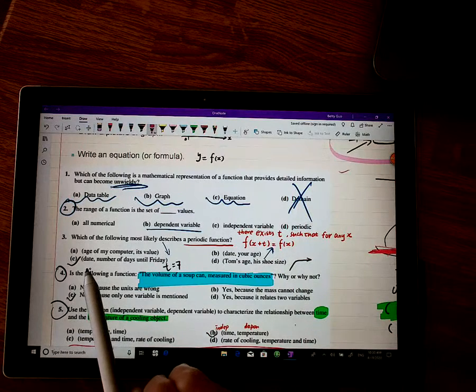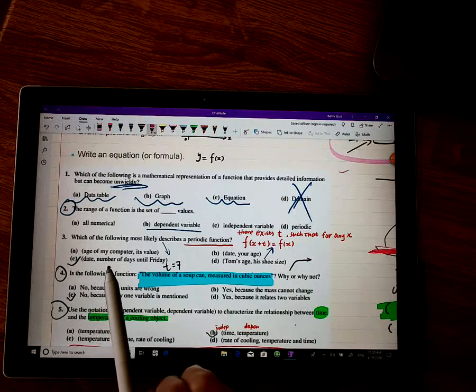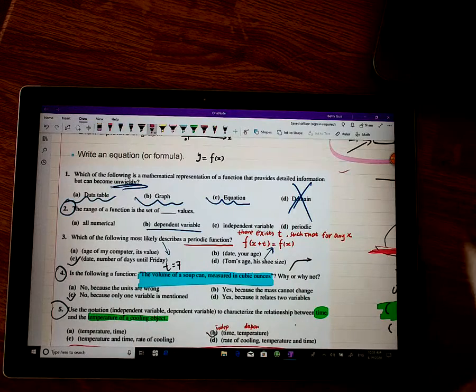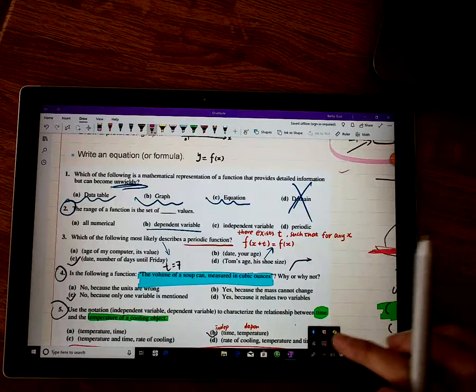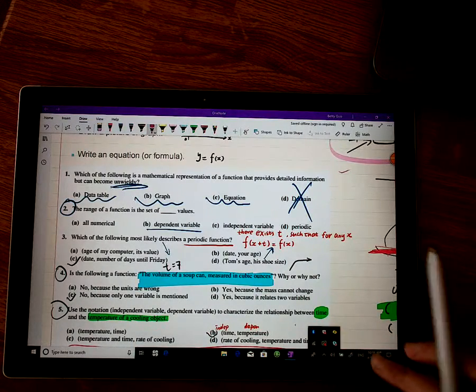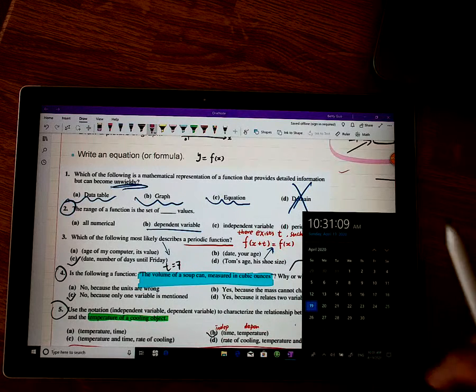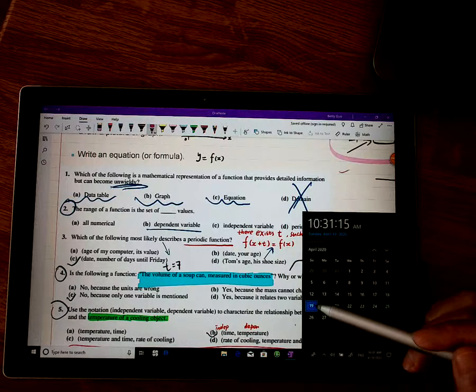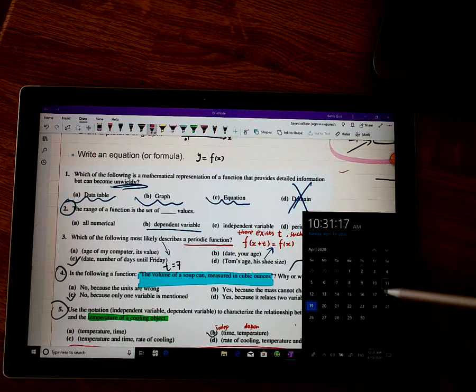Part C, first component is date, second component is number of days until Friday. Well, let's see the calendar here. When the time goes by, the number of days until Friday. What day is today? Today is Sunday. Friday is here, right? Next Friday.